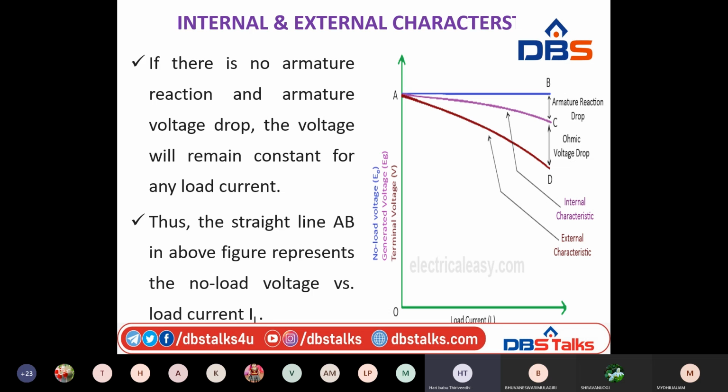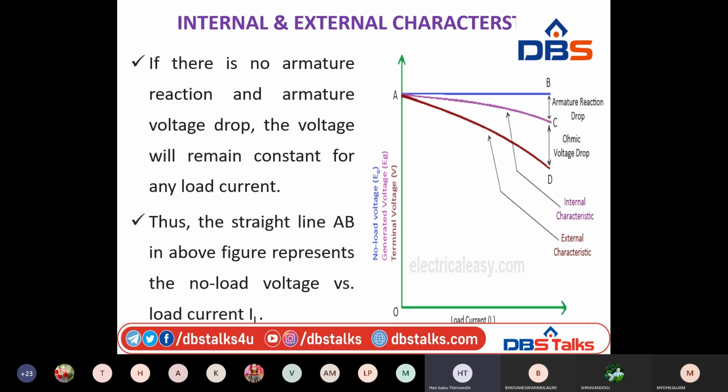Now coming to the external characteristics, because of resistance drop, IA RA drop, that is also losses, right? So that may be the highest drop. Already because of armature reaction drop, the voltage may be reduced by 10 volts. So AB is 220 and AC is 210.